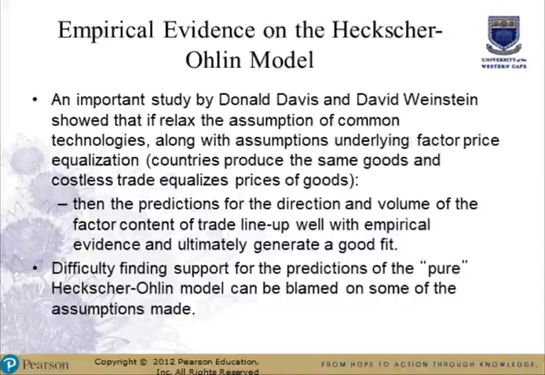Therefore, a key prediction of the Heckscher-Ohlin model is that changes in factor abundance lead to biased growth towards sectors that use that factor intensively in production. This is evidenced by the growth in Asian economies, that is, South Korea, Taiwan, Hong Kong, and Singapore. Thus, as the supply of skilled labor increased, they increasingly specialized in the production of skill-intensive goods.